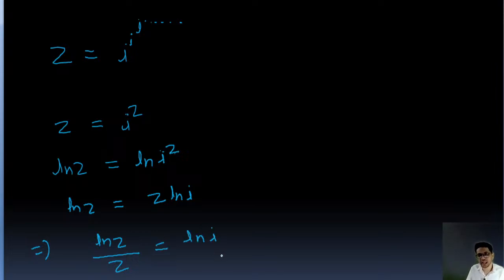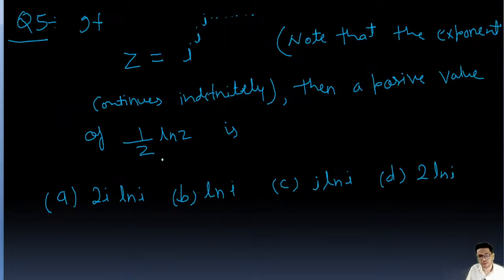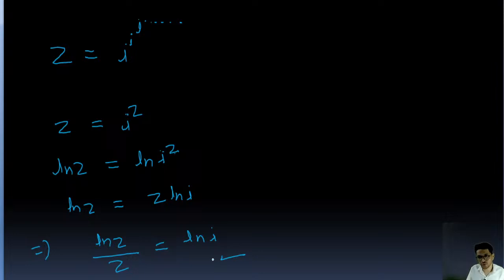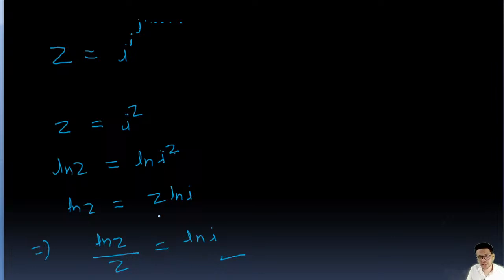So ln i is the answer. That's what we need to find, 1 upon z ln z, or ln z upon z. It is a very simple question. We have solved this question within a minute. This is a 3.5 marks question from 2022. So the value of this is ln i.